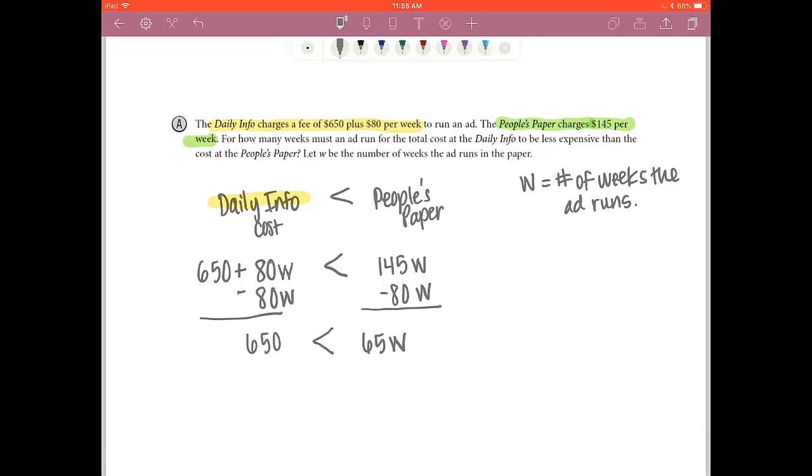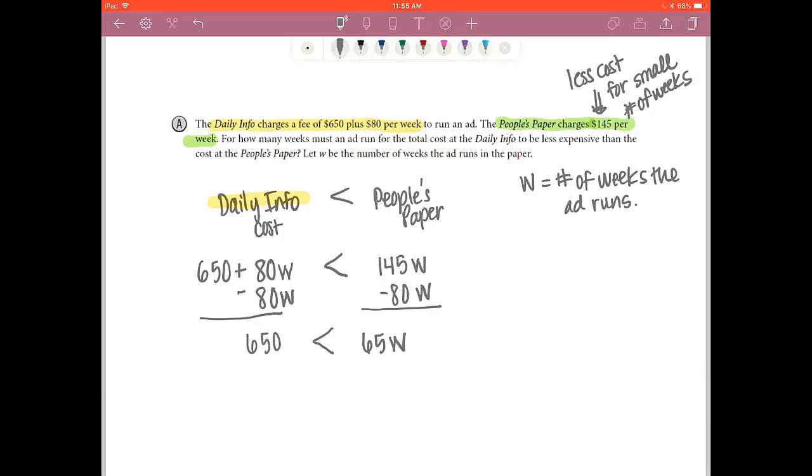So what I'm solving for is how do I get my ad to go into the Daily Info but have less cost than the People's Paper? Because the People's Paper is definitely less for a small number of weeks. But if I want my ad to run for a long time, that's where I might want to get into the Daily Info.